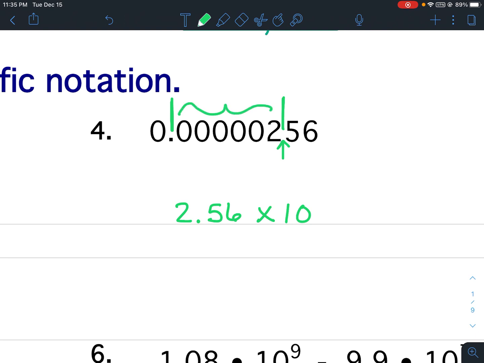There are 1, 2, 3, 4, 5, 6 numbers there. But because it starts with a 0, it's going to be a negative exponent. Starts with a 0, we'll have a negative exponent.